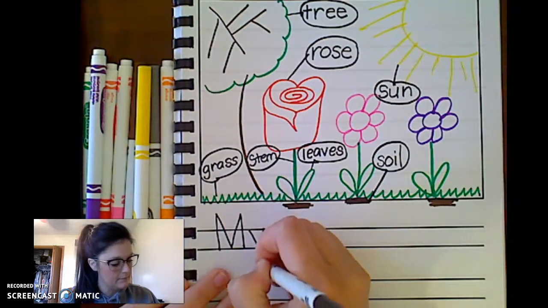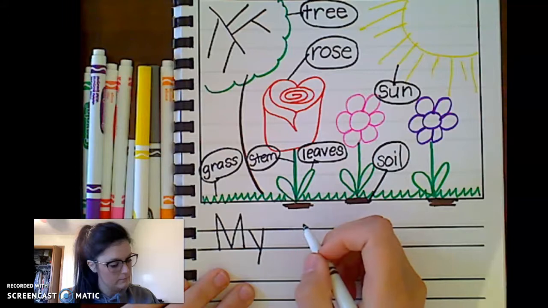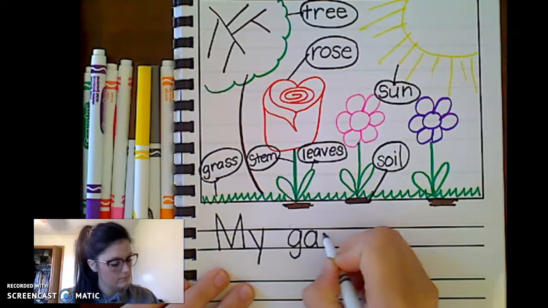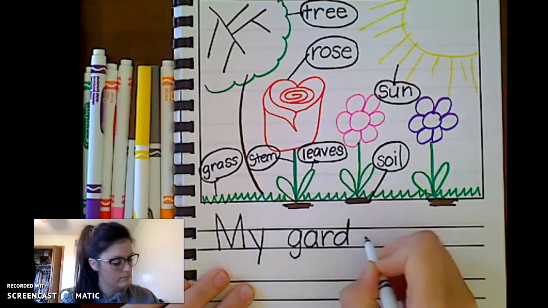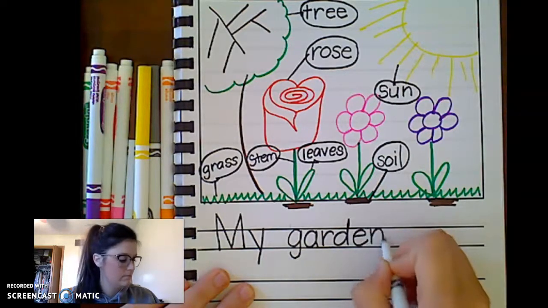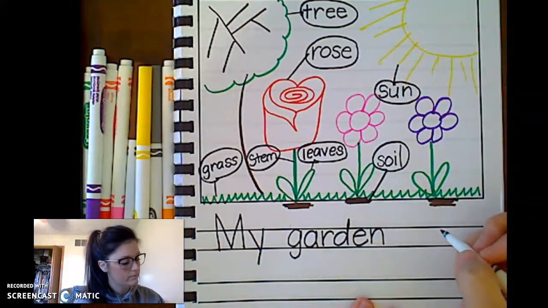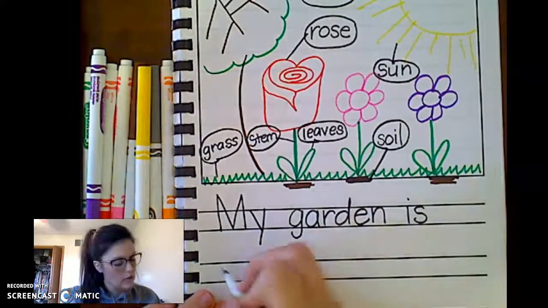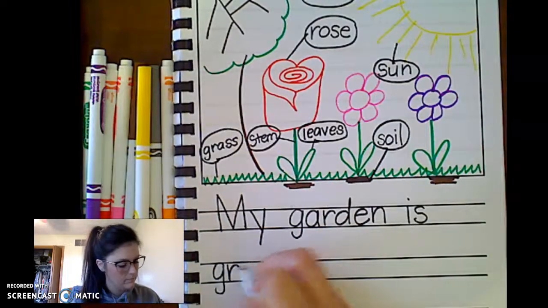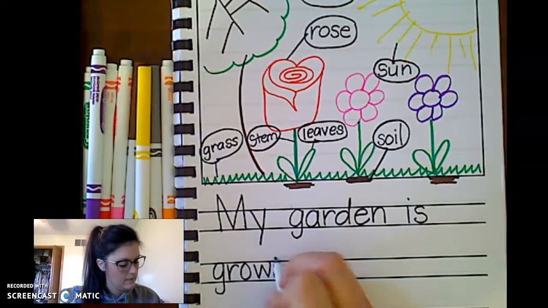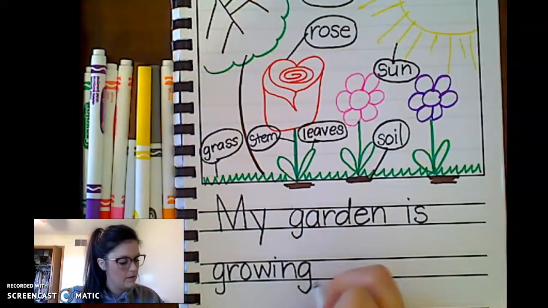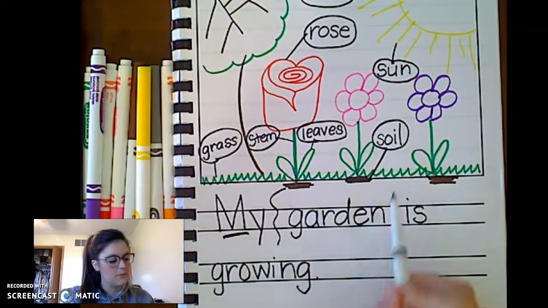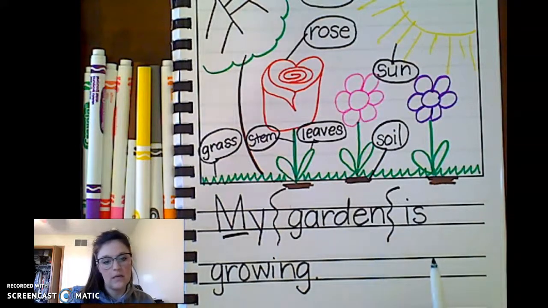My garden is growing, okay? Now, that is a great sentence because look, I used a capital letter. I have spaces between my words, okay?